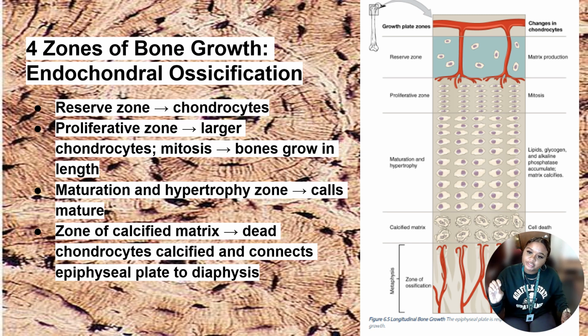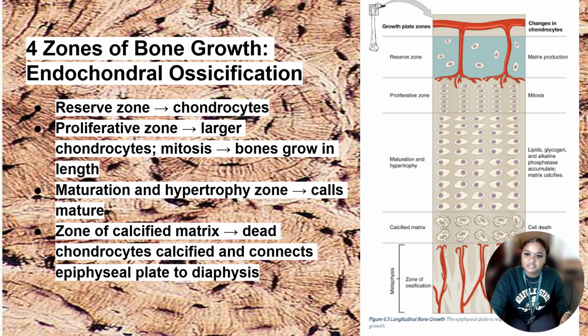Anything proliferation for anatomy and for human biology has to deal with proliferation, means to create more. So the proliferative zone makes more chondrocytes through mitosis, through cellular division. So you're starting to make more of those, and then through maturation and hypertrophy, they become larger and start to mature into fully adult cells, adult chondrocytes.